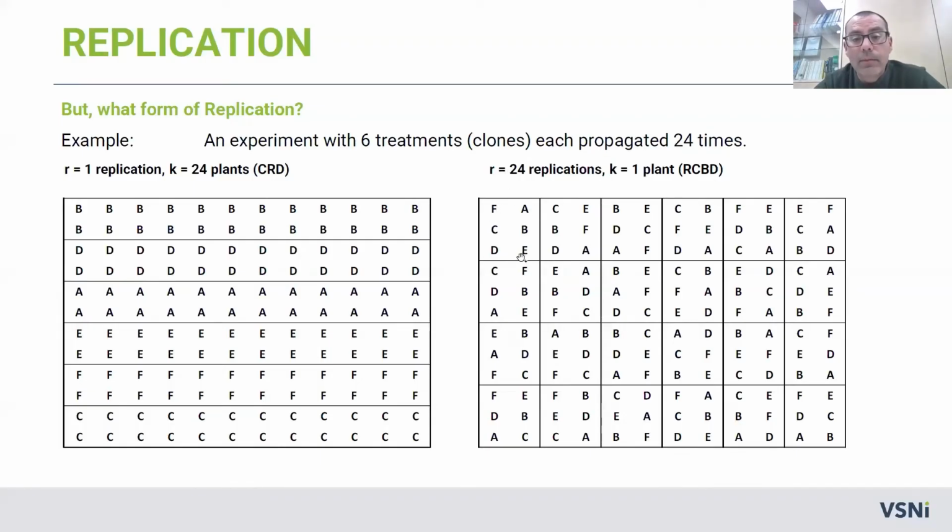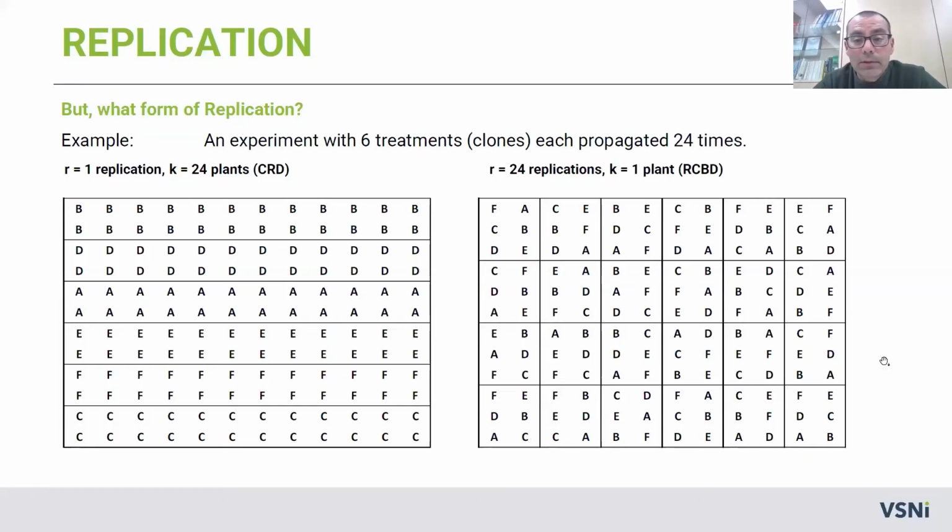So this is one rep of the 6 treatments, another rep of the 6 treatments, and so on. We have individual plants, and we say, well, now I have 24 reps or 24 blocks. This sounds to be a lot better. And yes, it's going to be a lot better, with the caveat that in this case, you have some competition within the same variety, and here you have competition with other varieties, and that might lead to some other issues.